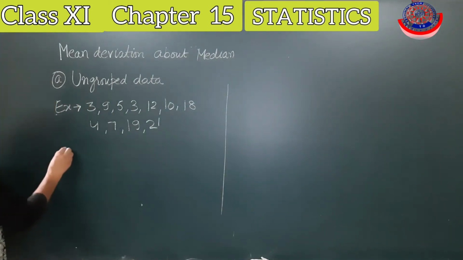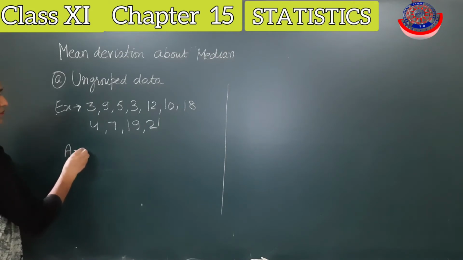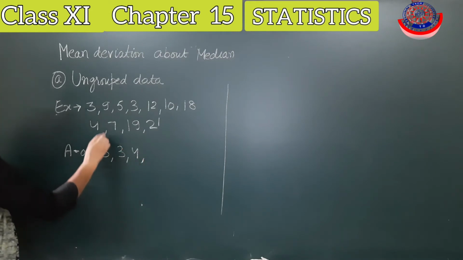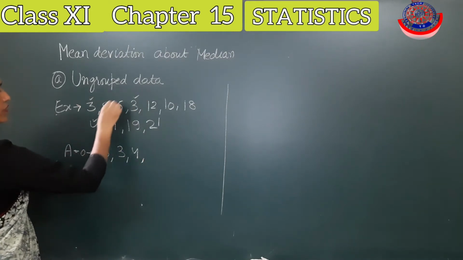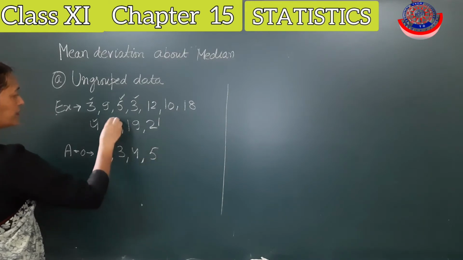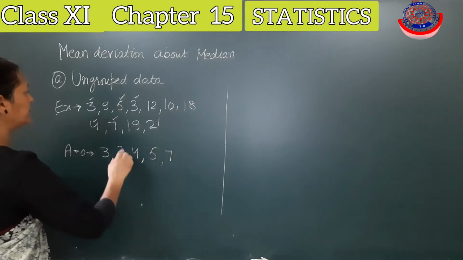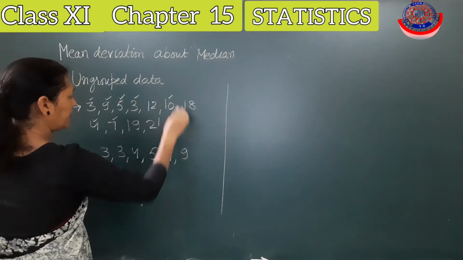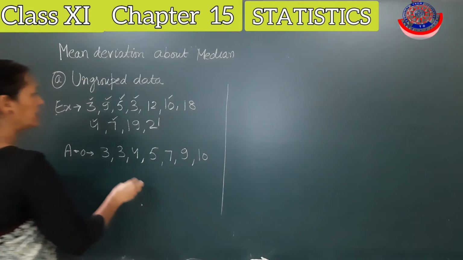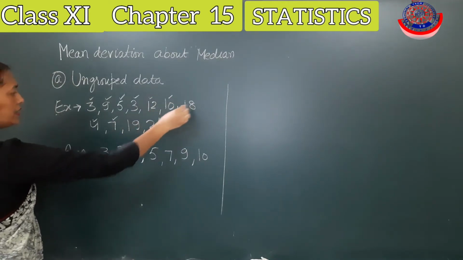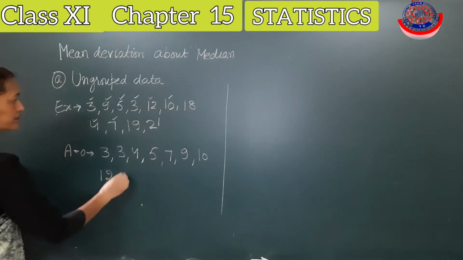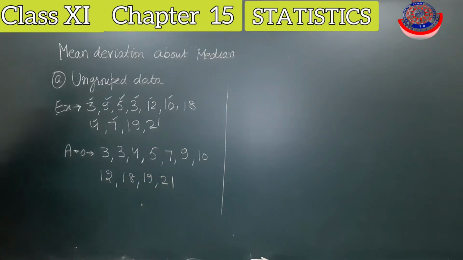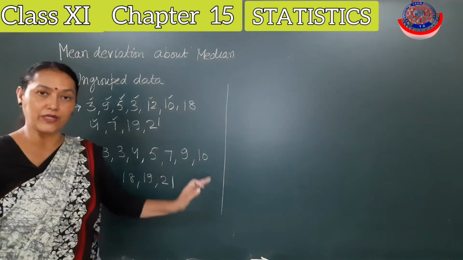The smallest one, 3, is 2 times, then 4, then 5, then 7, after 7 we have 9, 10, 12, 18, 19 and 20. So I have arranged the observations in ascending order.